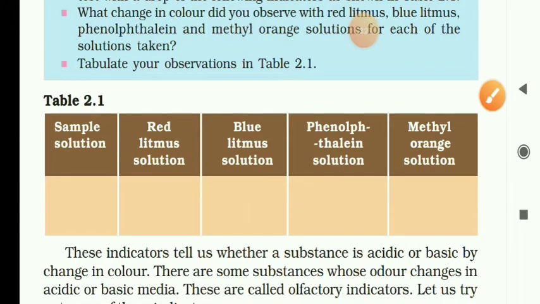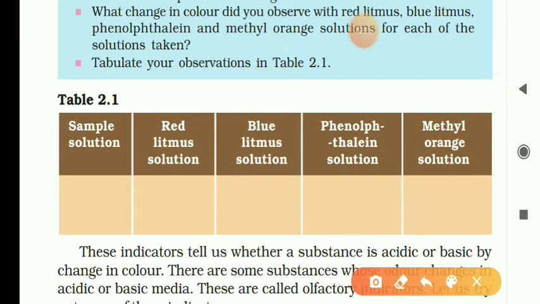And methyl orange shows red color. So these are all acids. Acid shows no color change in red litmus solution, blue litmus turns red, phenolphthalein is colorless, and methyl orange shows red color.